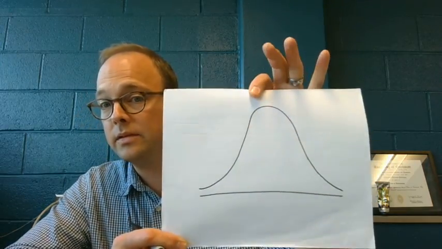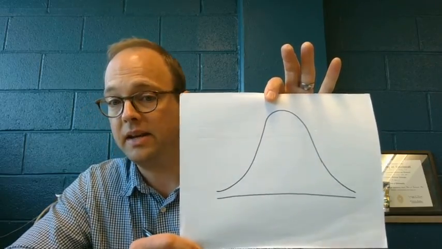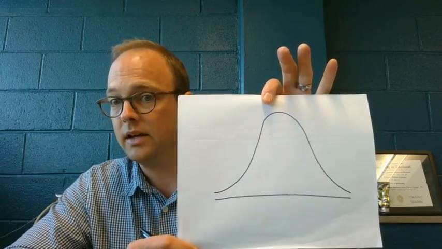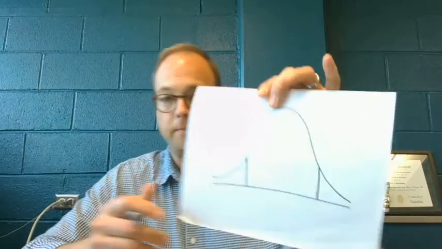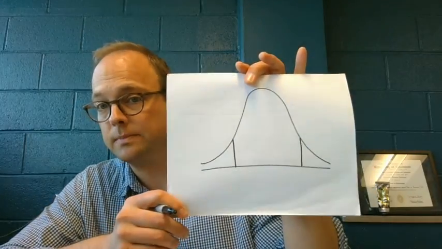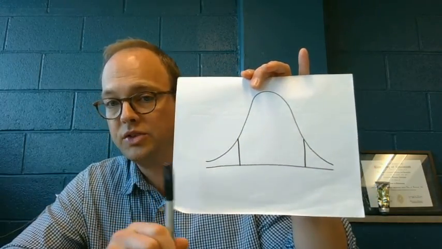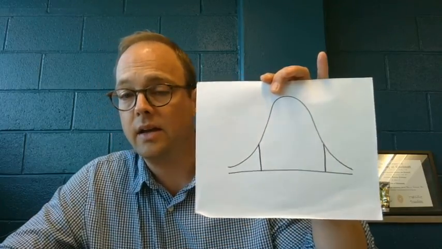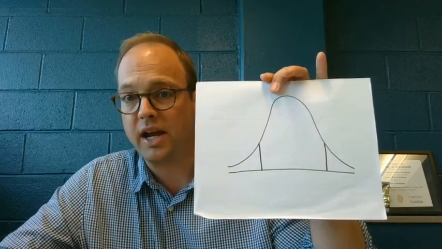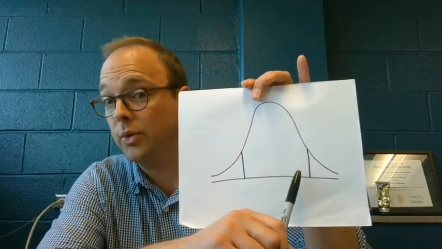Now, sometimes, depending on the wording of the hypothesis, this probability distribution will have 2 tails. Those tails together are referred to as the critical region, the rejection region, also the alpha region.